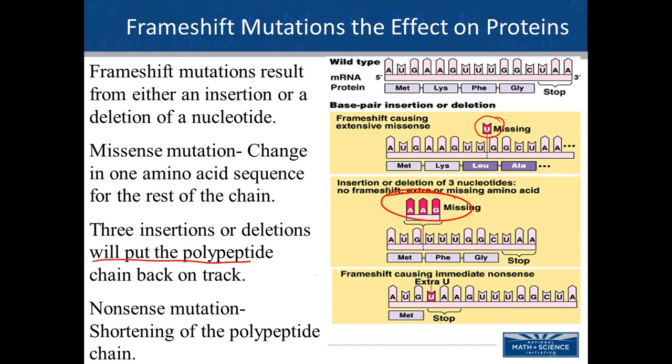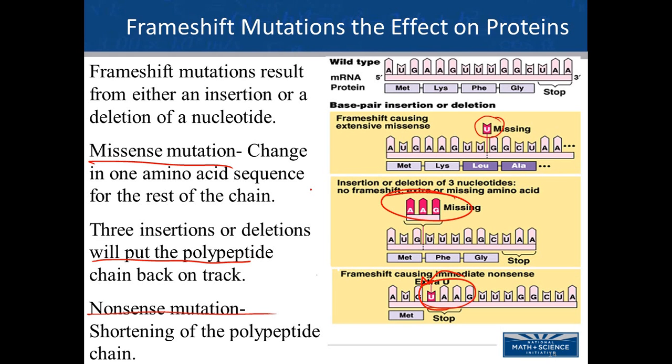You can indeed also have a nonsense mutation if you insert something that will cause you to have a stop codon. So it is indeed possible in a frame shift mutation to have missense mutations and nonsense mutations. And again, how they affect the protein depends upon which amino acid is being deleted or changed around or what have you.